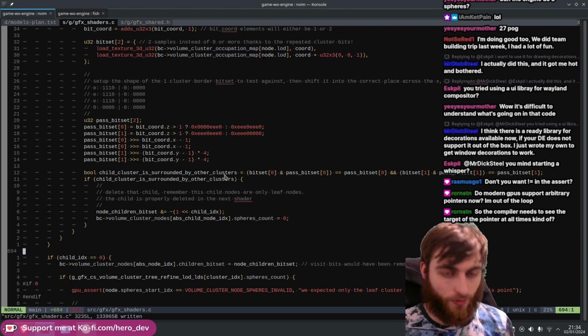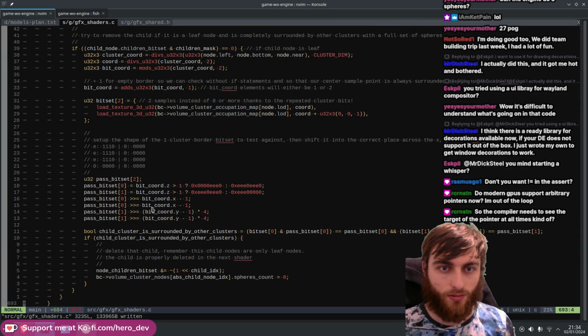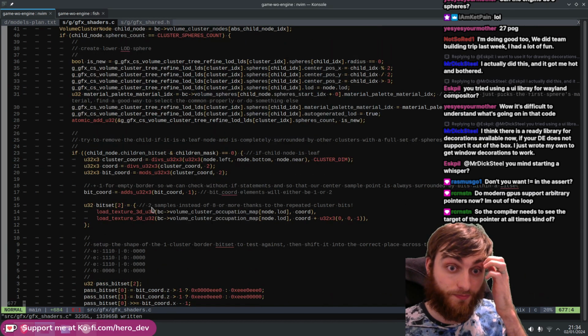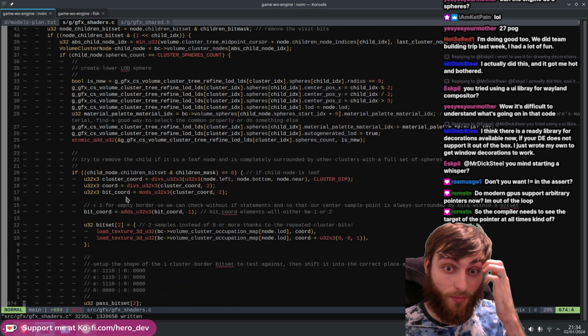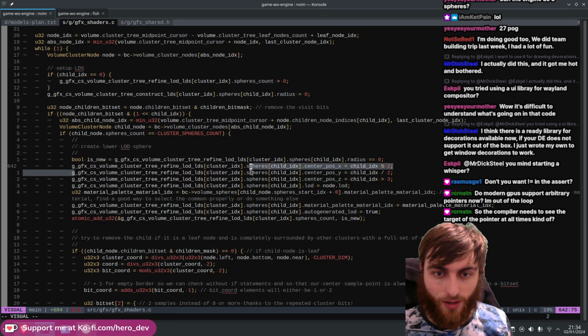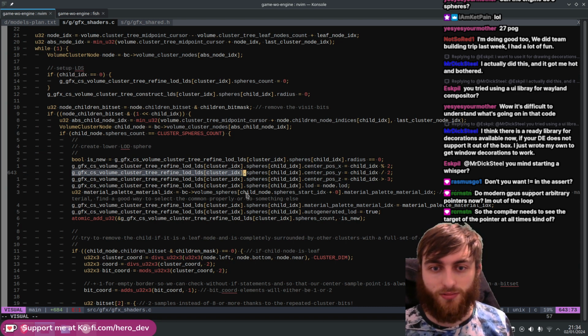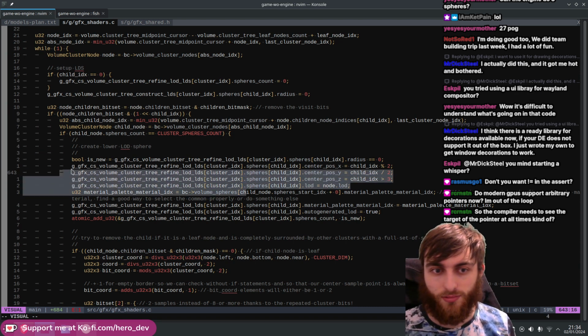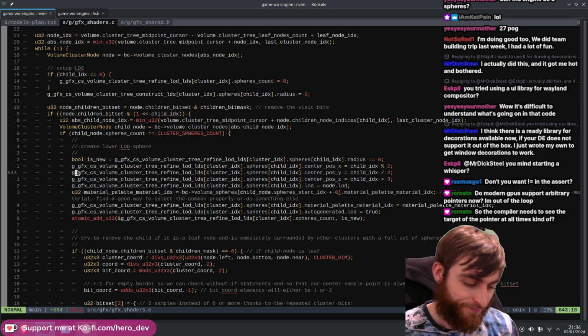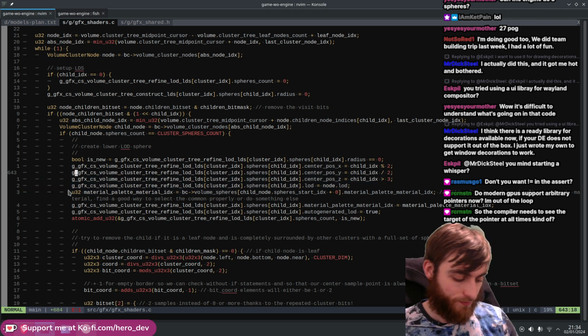So yeah, shader programming. But it would help reduce all this crap, right? I could just have a pointer, and this would just be very short and nice.